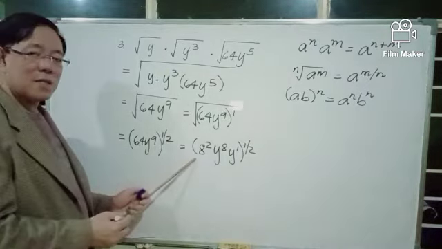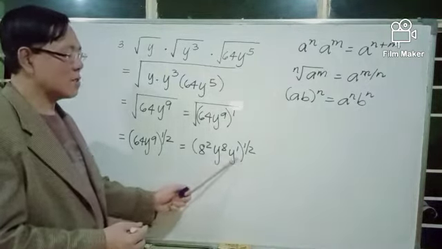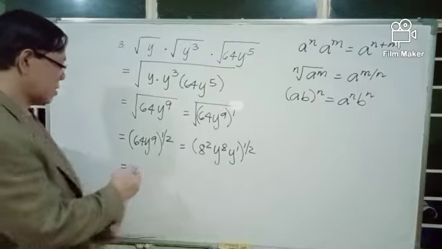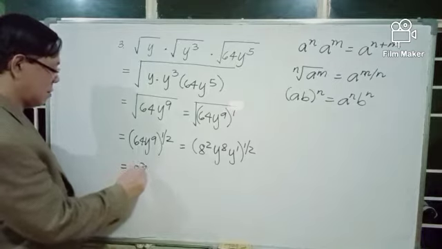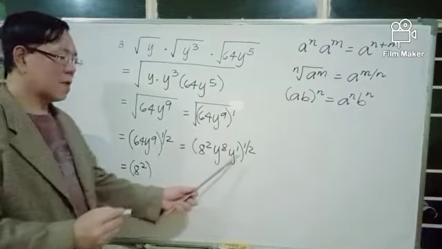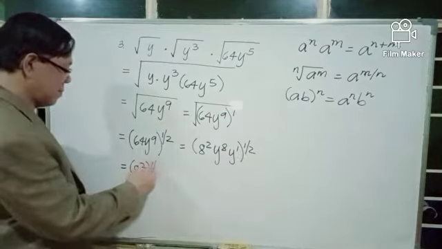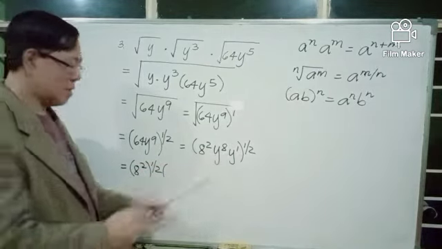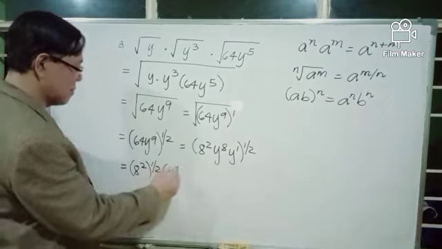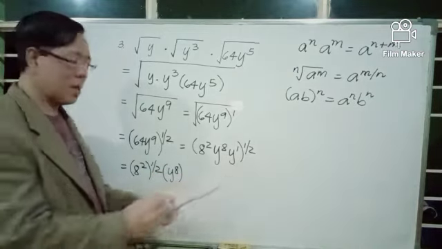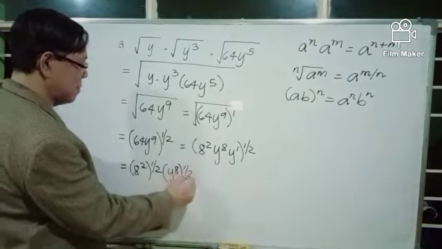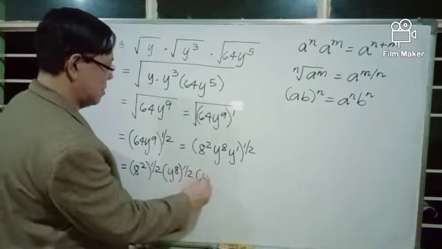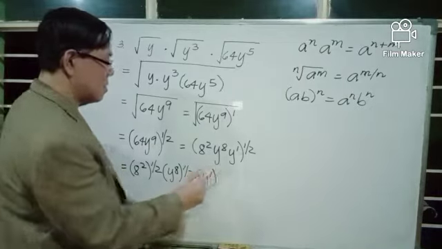Hence, 8 squared, y raised to 8, y raised to 1, all raised to 1/2, is equal to 8 squared raised to 1/2 multiplied by y raised to 8 raised to 1/2 multiplied by y raised to 1 raised to 1/2.